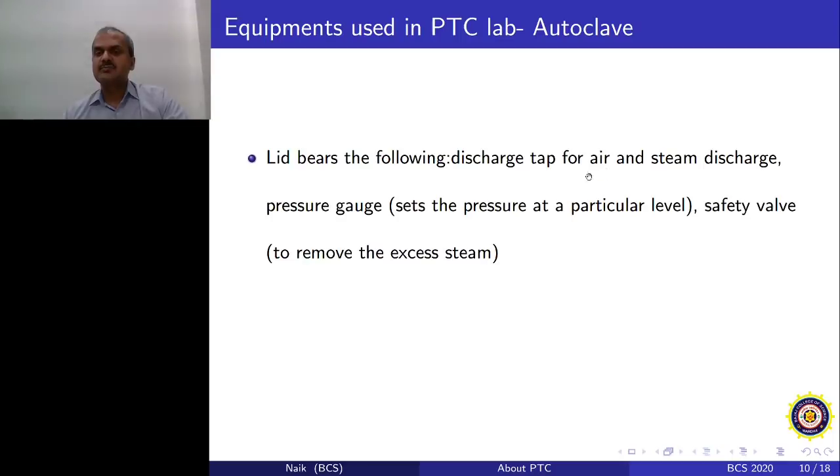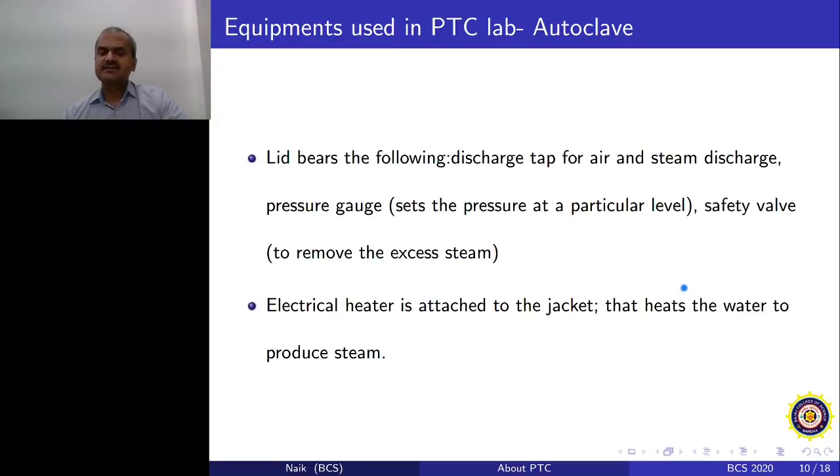The discharge tap for air and steam discharge is generally placed at the bottom of the autoclave. There is an electrical heater attached to the jacket, which heats the water to produce steam. At the bottom of the autoclave we find the electrical heater, and that cord goes to the socket; when you switch it on, the autoclave starts working.